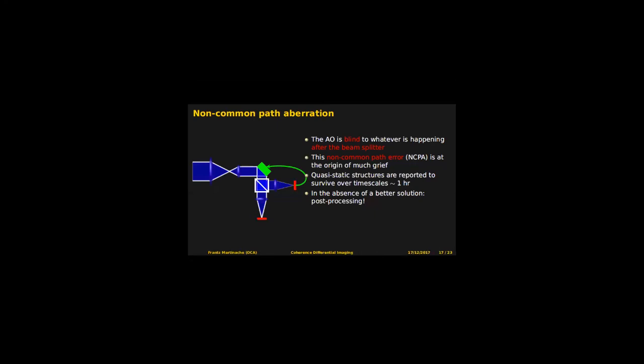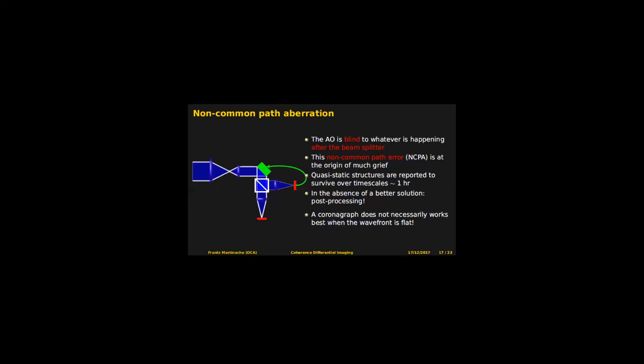It may not necessarily flatten it as best as it can for the science camera. And in practice, we do see this in data produced by ground-based telescopes. We see static aberrations in the system surviving over time scales of several hours that the adaptive optics system is just oblivious to. And in the absence of a better solution, we are left with post-processing, which is really the major piece in that game.